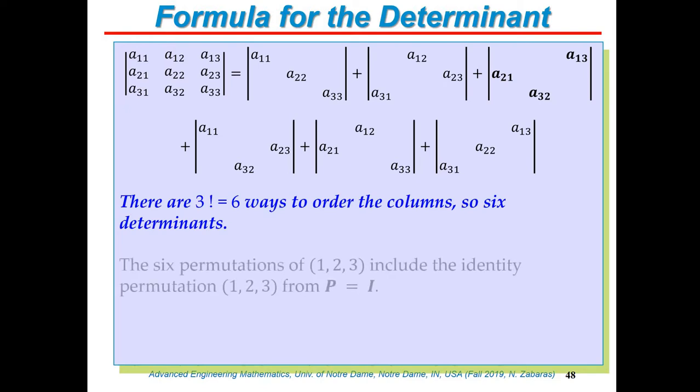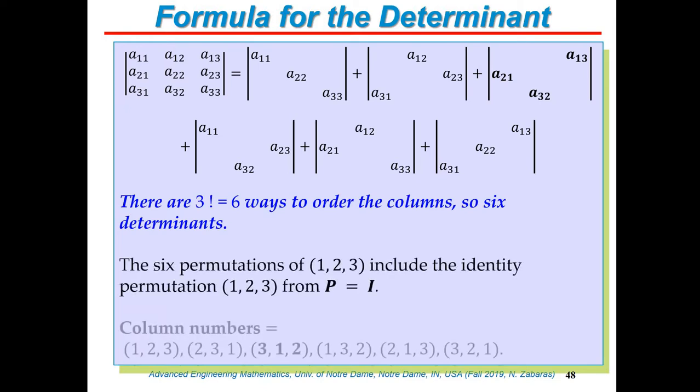Again, I am indicating for each of these terms that you see here the column numbers, and for the term we just discussed, the sequence is 3, 1, 2. Row 1 uses column 3, row 2 uses column 1, and row 3 uses column 2.